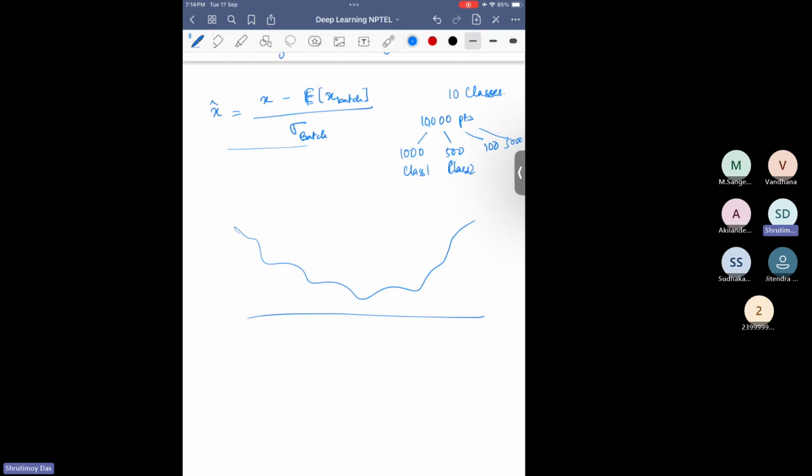So these are my weights, and I'm saying that I want my weights to lie in this area. I'm restricting it to say that I only want to look at weights which lie in this area. I don't care what happens when weights lie in this area or this area. So that is regularization.